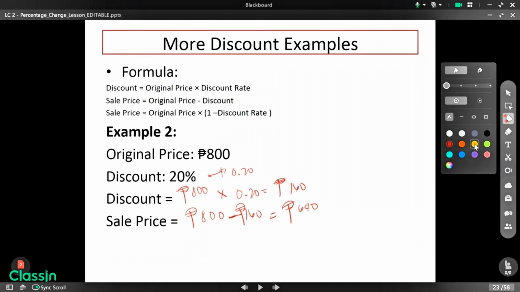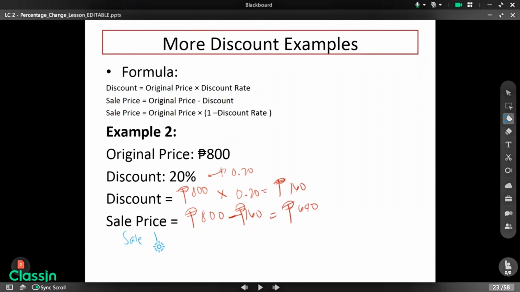Now let's use the other formula. Sale price equals 800 times the difference of 1 minus the discount rate, which is 20%.